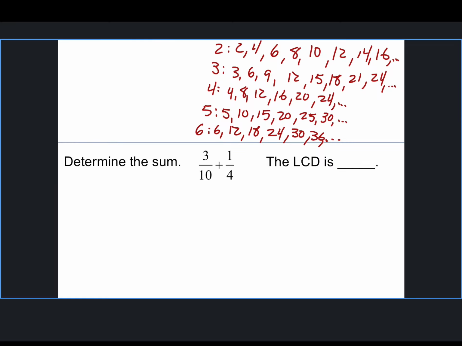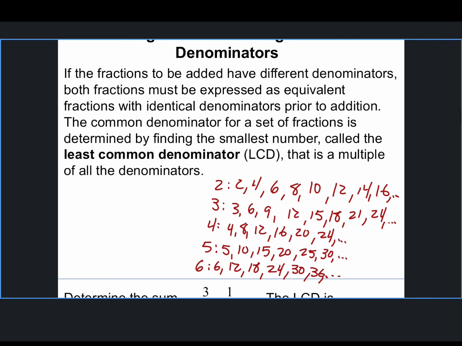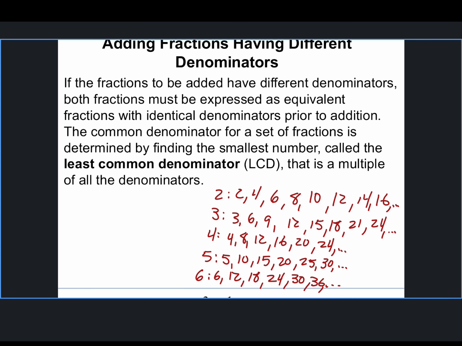3/10 plus 1/4. What's our least common denominator? Our least common denominator is a multiple of all of the denominators.